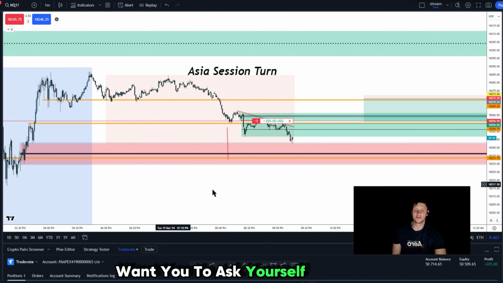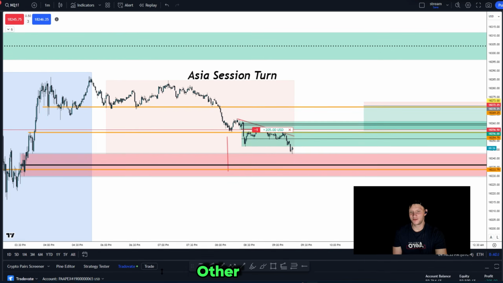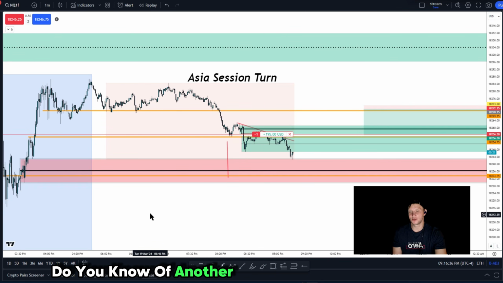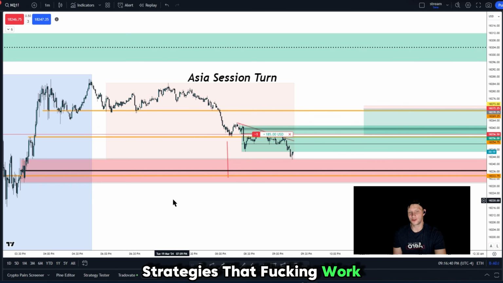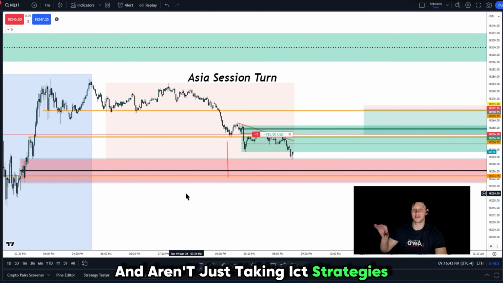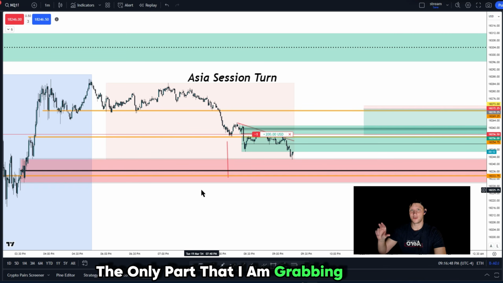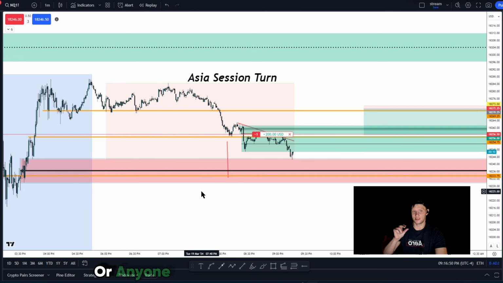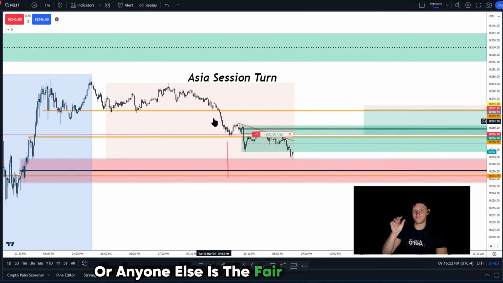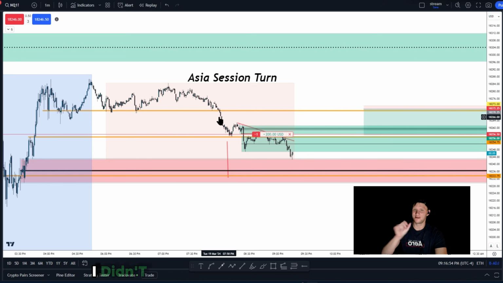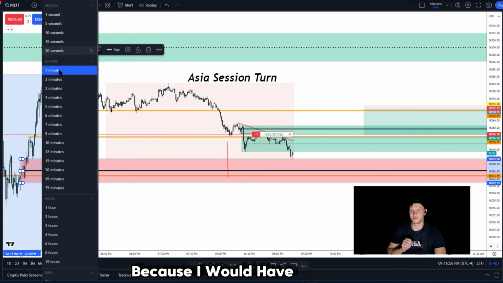I want you to ask yourself something. Other than me, do you know of another trader that creates his own strategies that work and aren't just taking ICT strategies? This is 100% mine. The only part that I am grabbing from ICT or anyone else is the fair value gap entry. But as you saw today, I didn't even use the fair value gap entry because I would have been late.